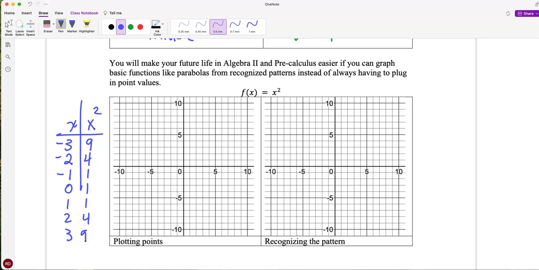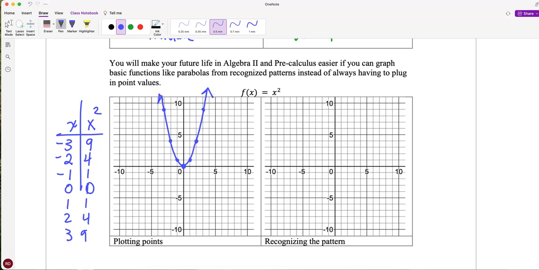So let's start with 0, 0. Okay, and then I've got 1, 1. I also have -1, 1. 2, 4, -2, 4. 3, 9, -3, 9. So this parabola looks like this.